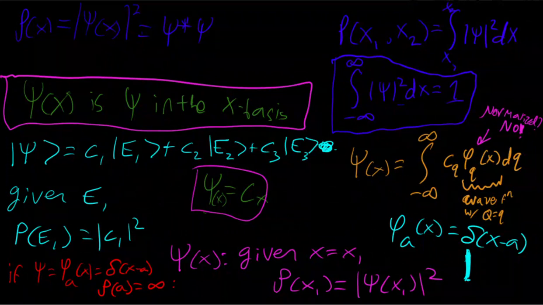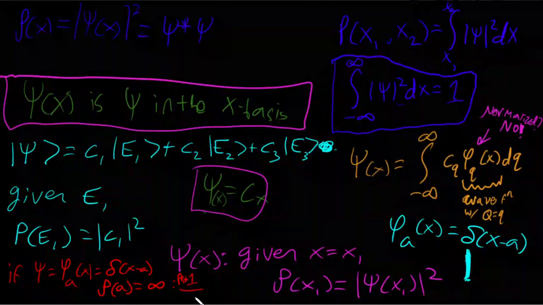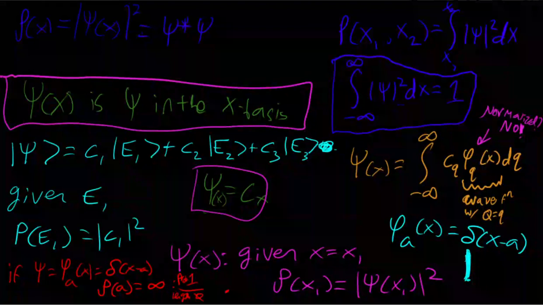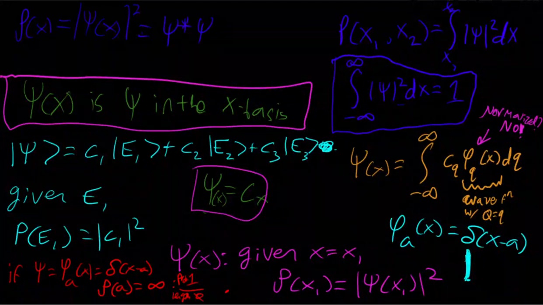This is the probability of 1 divided by the length, and the length is 0. The probability isn't shared over any length. It's an infinitesimal length. This is infinite. Okay, so hopefully that makes sense.